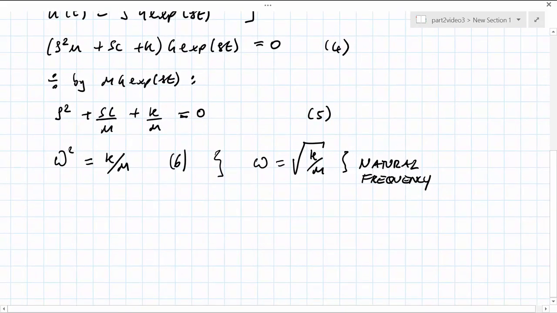Substituting equation 6 into equation 5, we then have s squared plus s c over m plus omega squared is equal to 0.